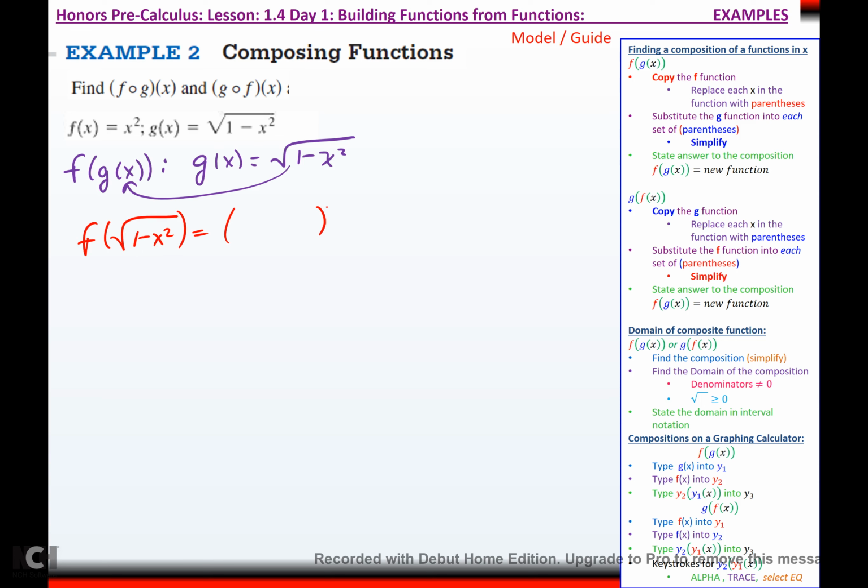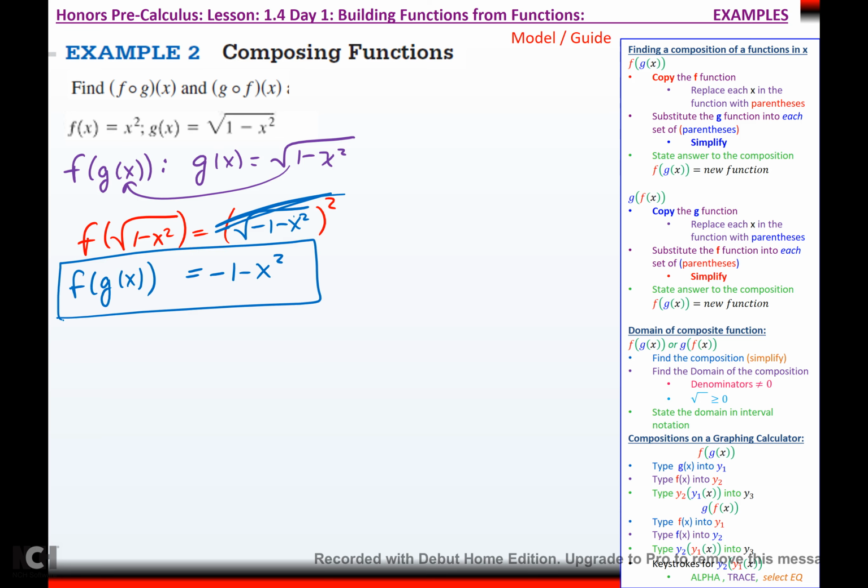Copy the f function, which just says whatever you brought, square it. I brought the square root of 1 minus x squared. When you square a square root, it cancels out, and I'm left with 1 minus x squared. So f of g of x equals 1 minus x squared.